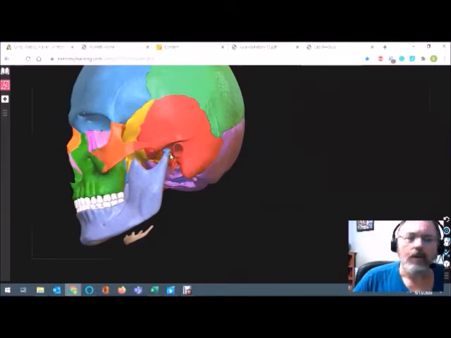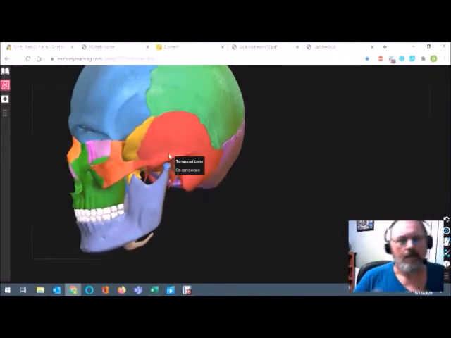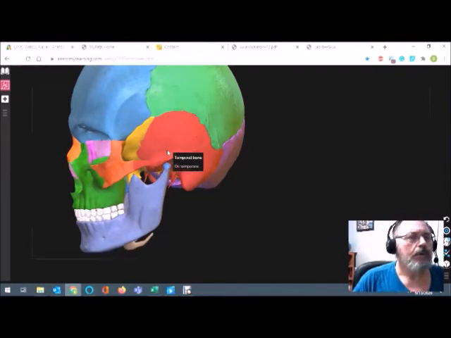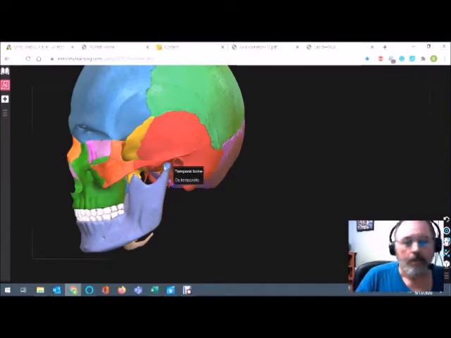And this is a fairly complicated joint because these are condyles, and a condyle allows movement in a couple of different planes. So when you chew, you swing your jaw to one side, and in doing that, this part on this side stays in that little pocket.